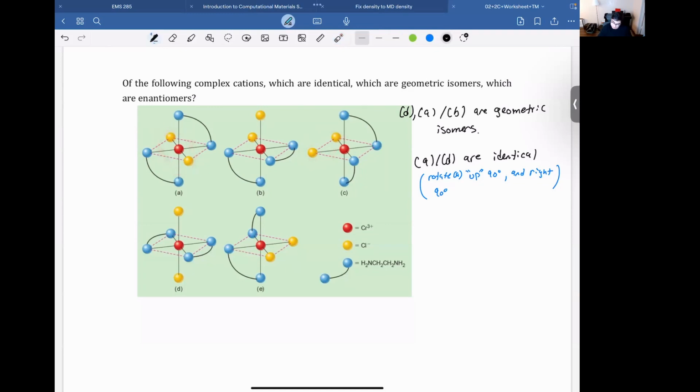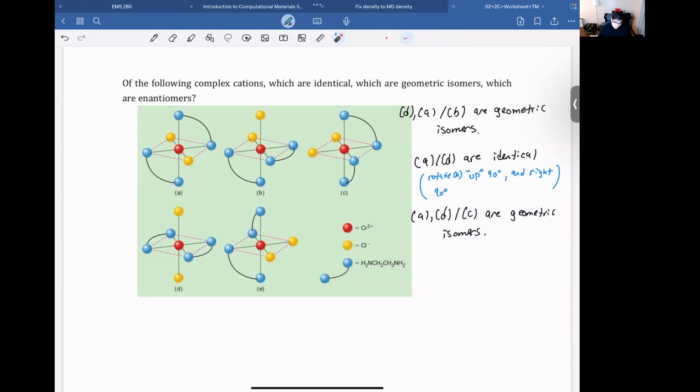So differently attached. So we know that A and D must be geometric isomers to C. Right? Yellow ligands on two different axes, yellow ligands on the same axis.